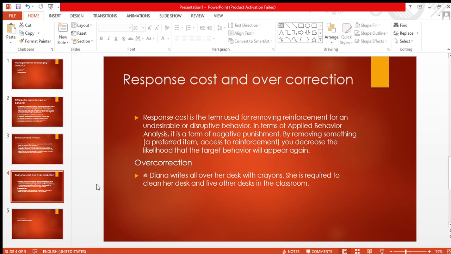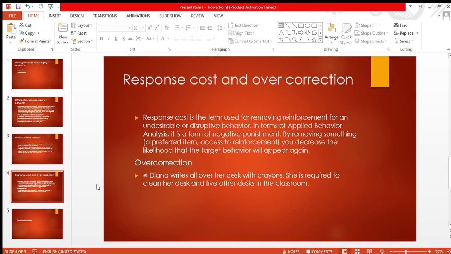In overcorrection, we correct the behavior so that it should not occur again and again. Unlike other things, in overcorrection they correct their mistake and also do some other activities, so they feel that if I do something like this, I may have to do more work.